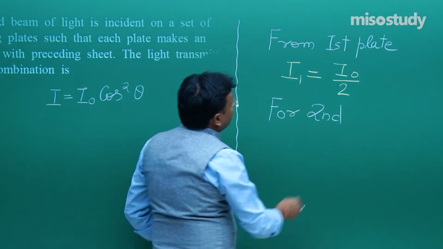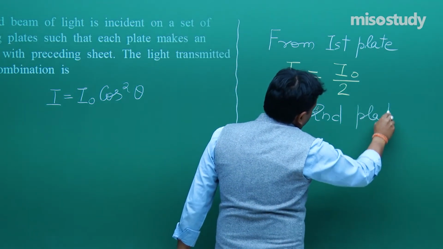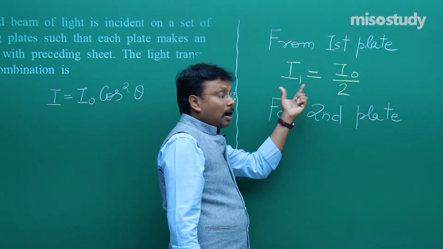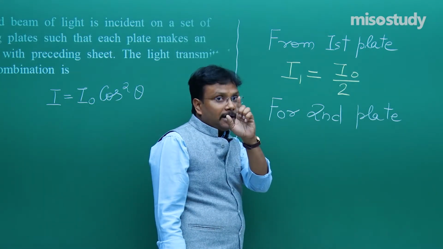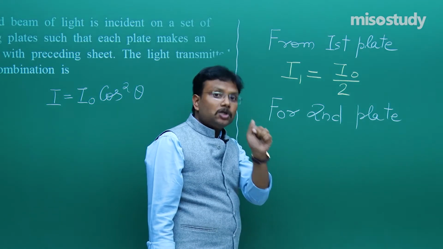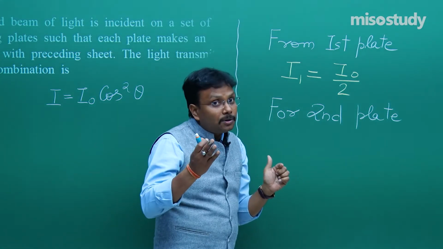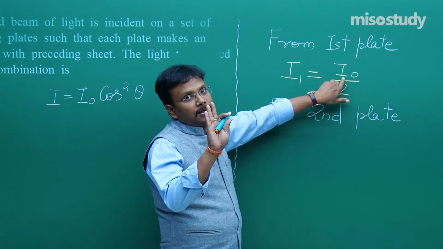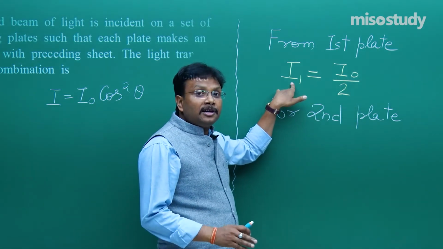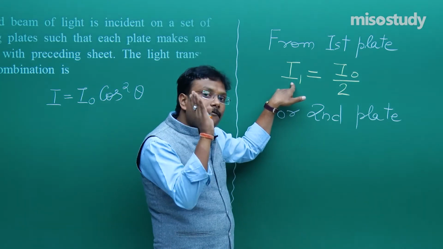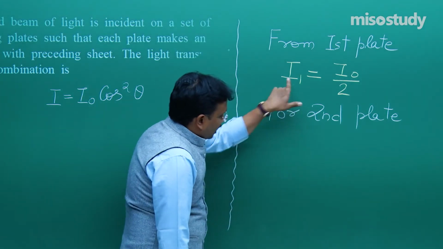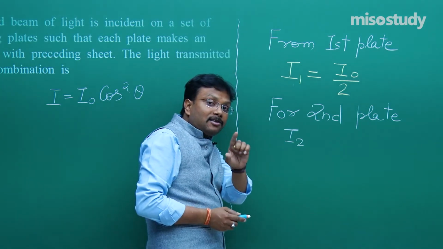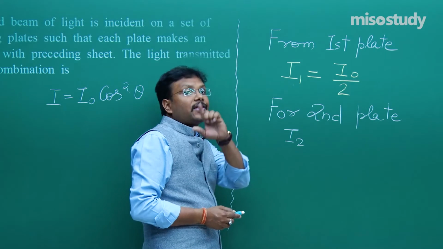Then for the second plate, now this I1 light after coming out from the first plate will strike the second plate and then comes out. So basically I naught is the original intensity, I1 is the intensity coming out from the first plate, and similarly I2 is the intensity coming out from the second plate.